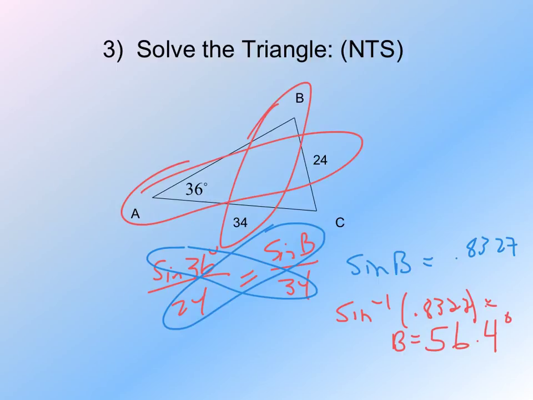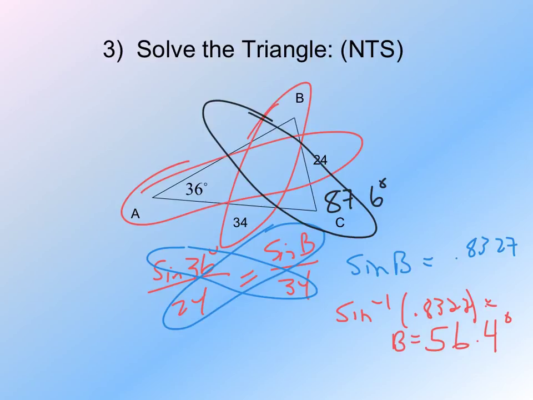So then if I have b at 56.4, I can, by subtraction from 180 minus answer, minus my other angle of 36, leaves me about 87.6 degrees for this angle.